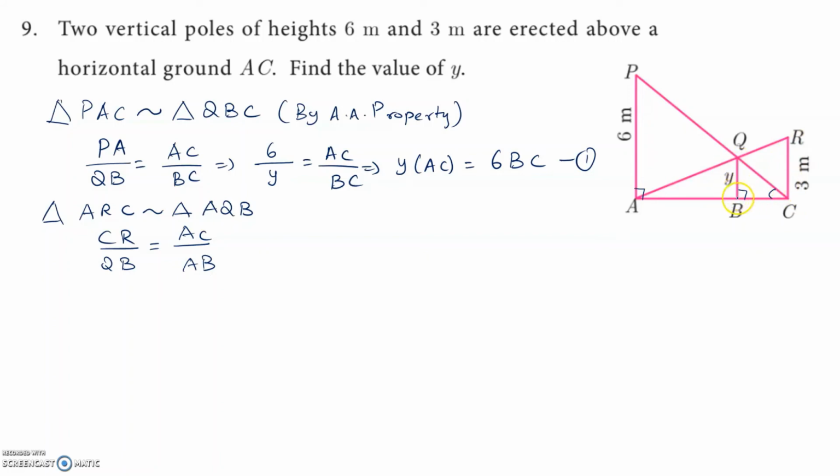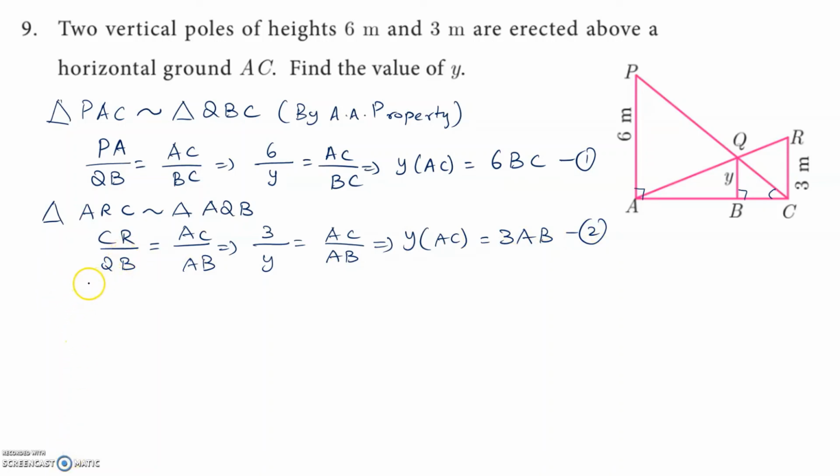Now we know CR is 3, so 3 by Y is equal to AC by AB. So we can say Y into AC is equal to 3AB. So let's keep this as 2.